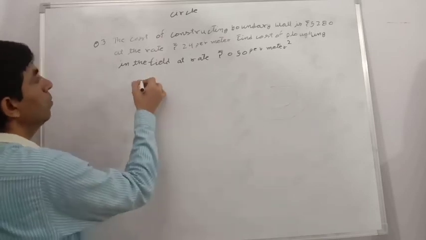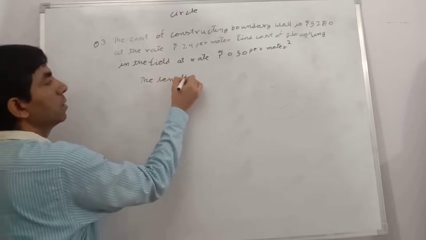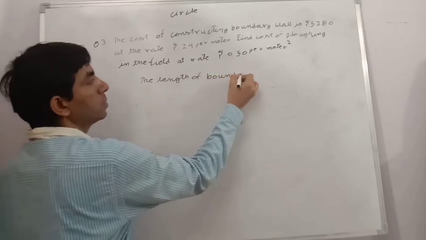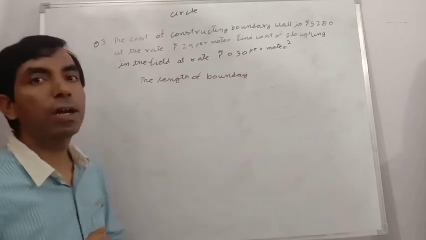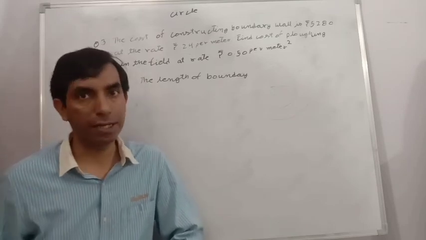So the length of the boundary: for finding the length of the boundary, we divide the total cost by the rate.